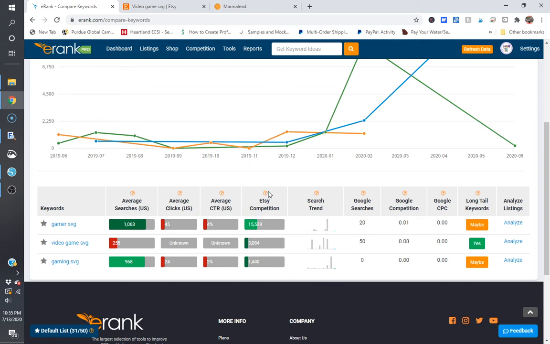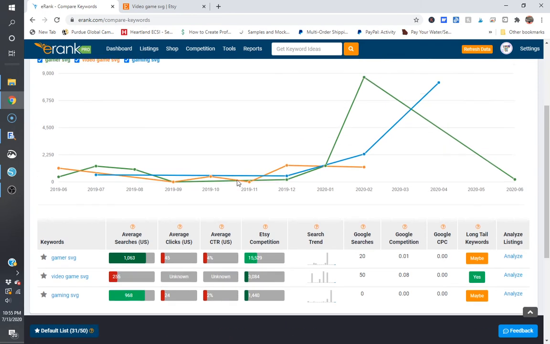So the competition is the same. They're pulling their data from the same source. So that's interesting. I will do a comparison side-by-side video in the future. I just wanted to show you kind of what that looked like.